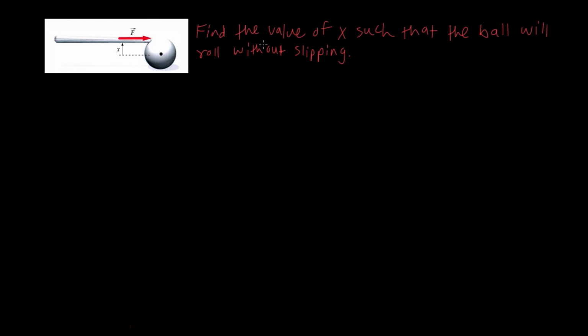What I want to find is the value of x such that the ball will rotate without slipping when it's struck by the stick. So we want to find the value of x such that the ball will roll without slipping when it's struck by the stick.